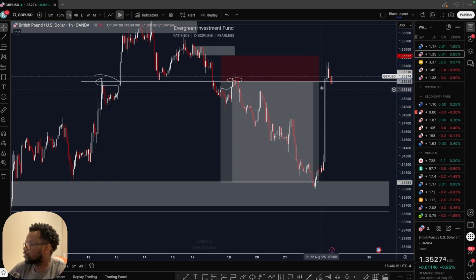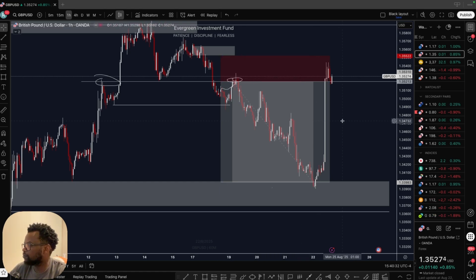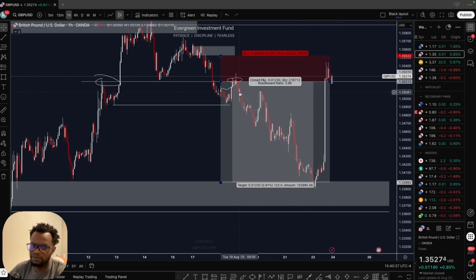So I made a nice 4% on this trade, and I had to hold it for 3 days. Luckily, I wasn't on the charts, so I just left the trade to play out as it should. I was a bit busy with other stuff, and it turned into a swing trade, but it became one of the best trades for me this year.